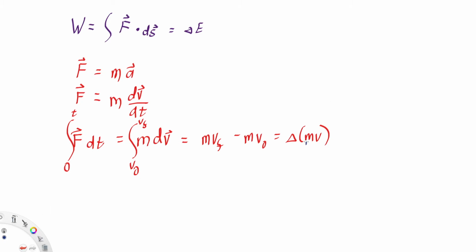And now we're going to take this bit, this mv, and the same way we called this quantity up here energy, and we called this quantity work, we're going to name this quantity mv momentum. And we are going to call this quantity here impulse.